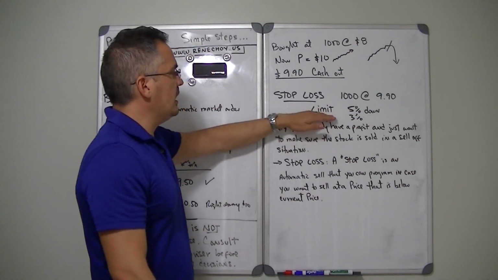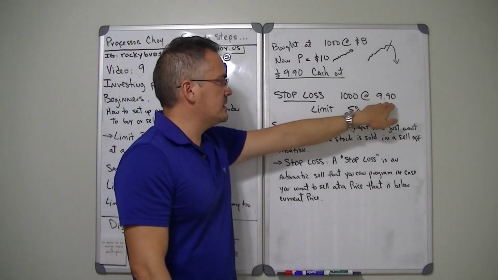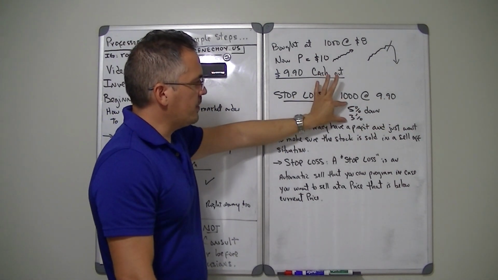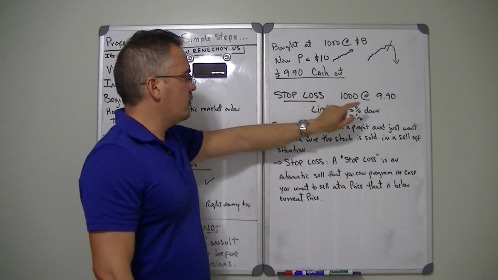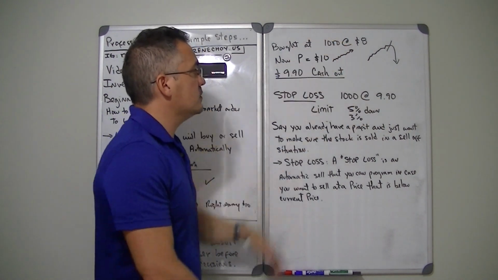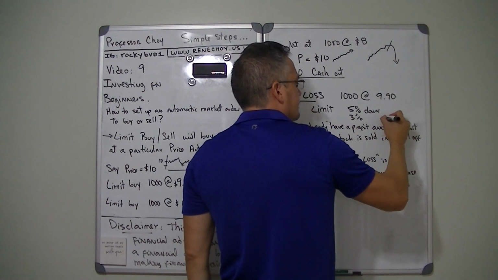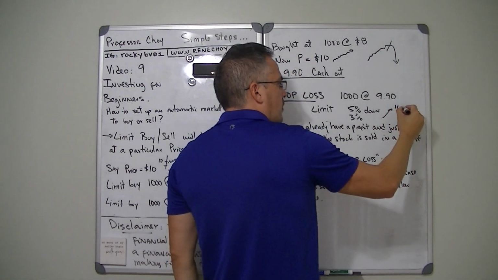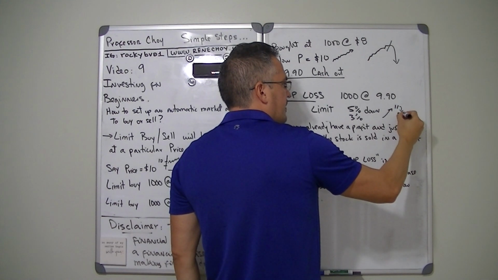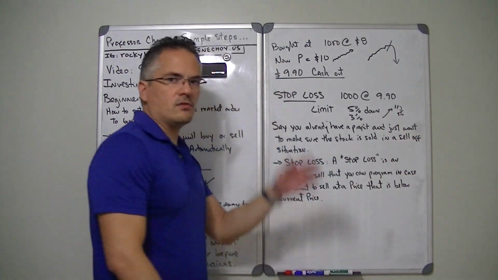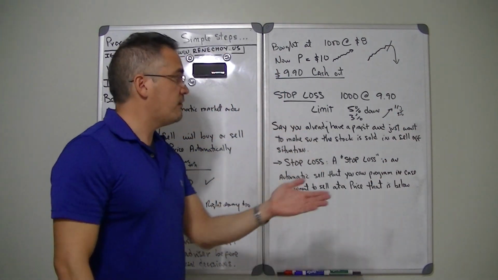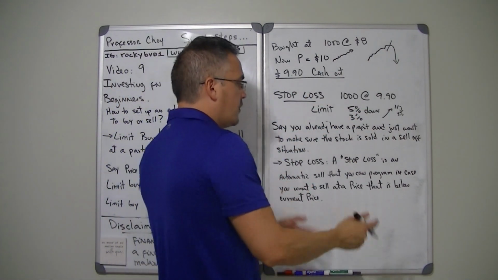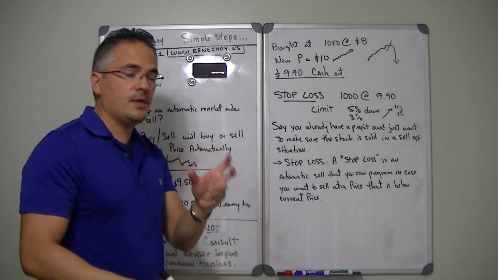Okay? So if you put limit, it will execute at a particular price. If you put a stop loss with a percent on it, then if the price goes up, let's say it goes up to 11, it will only execute if it goes down by 5%. And it will start executing whatever amount of stock you told it to sell if it goes down by that percent. And of course, you have to set up at some point a time period.